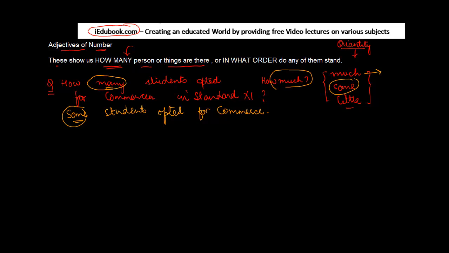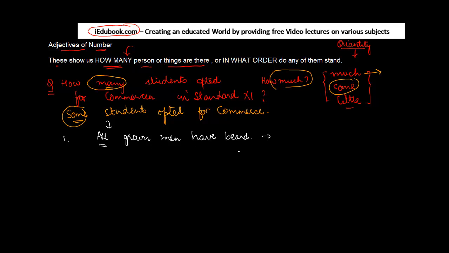Let's take some more examples to explain this concept. All grown men have beards. Now if you use the word all here, and you had a question, how much men have beard?